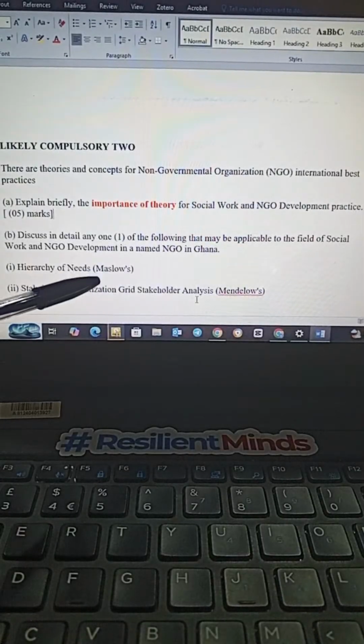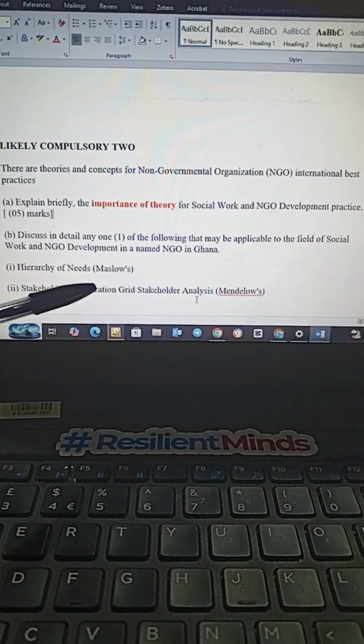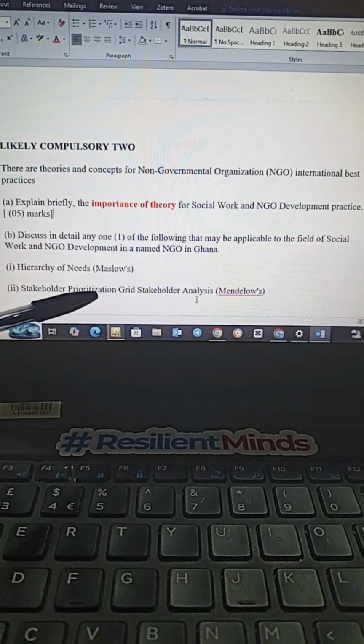But then it looks at influence, that is power and interest within communities. So in any project, we have people who have interest in a project, and we also have people who control the power. So whenever an NGO is going to any community to do a project there, the community members have the interest, but then who has the power? Those assembly members.